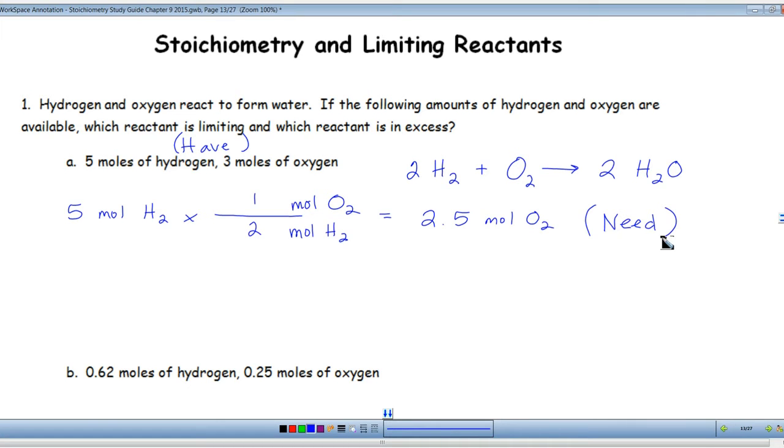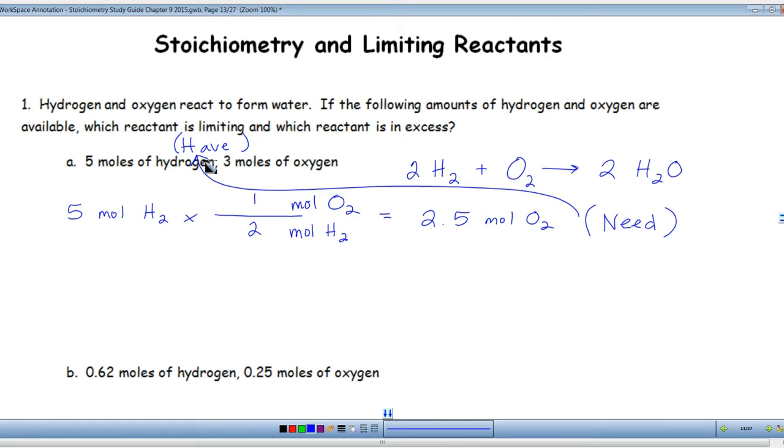Now we just do a comparison. What do I need versus what do I have? I need 2.5 moles of oxygen. I have 3. I actually have a little extra. So guess what?